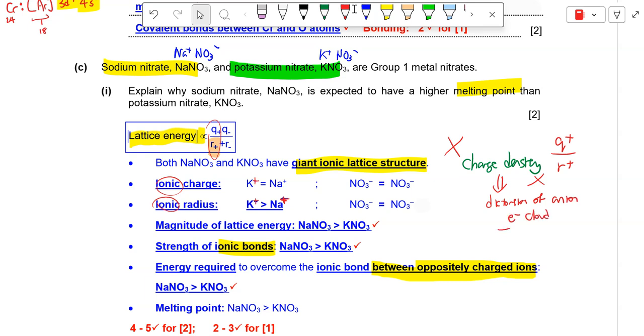This is typically for covalent character in ionic bonds. So we only use the term charge density when we want to explain covalent character in ionic bonds, which is not applicable in this context. We're strictly comparing between two ionic compounds.